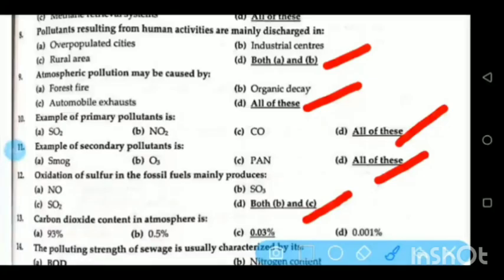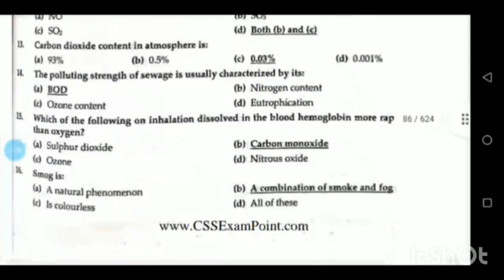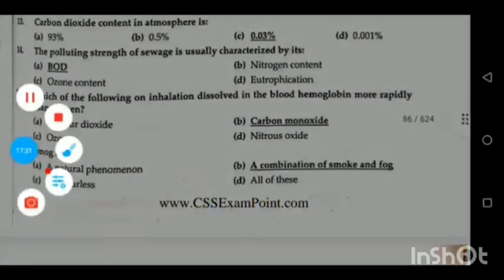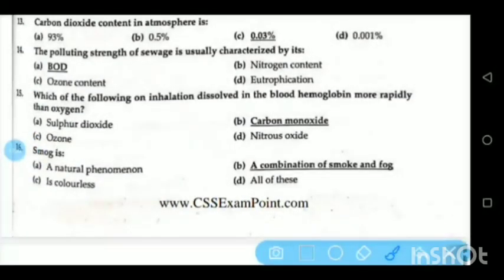Carbon dioxide content in atmosphere is 0.03%. The polluting strength of sewage is usually characterized by its BOD.